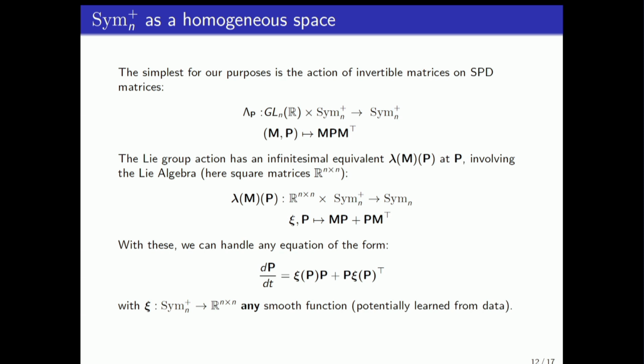So you have that group action. If you go through the math and define the algebra action, you come back to the right-hand sides that you can handle, which are MP plus PM, with M which can be a function of P and of time if you want.